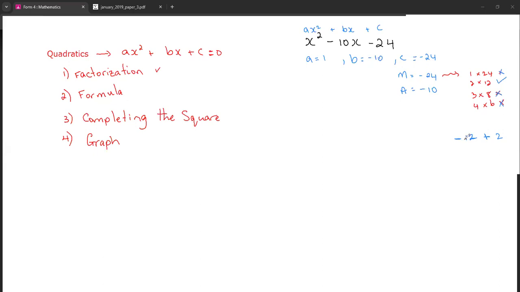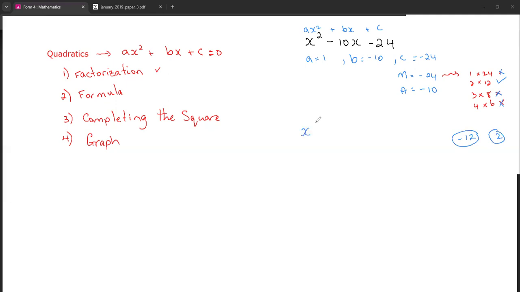And negative 12 plus 2, subtract, keep the sign of the bigger number. So it's going to be negative 10. So the two numbers that we'll use will be negative 12 and 2.